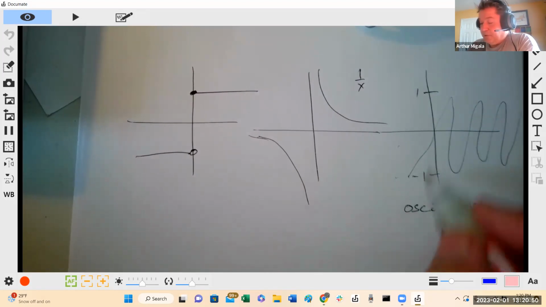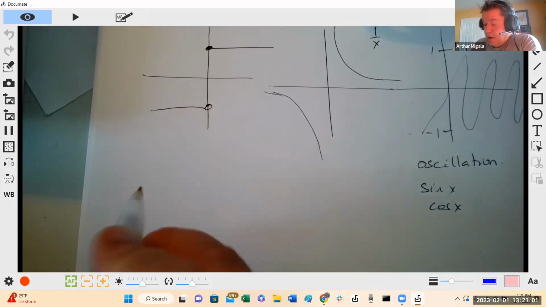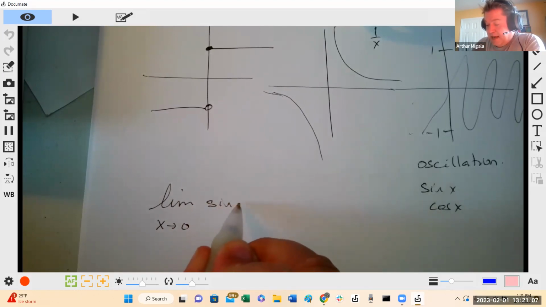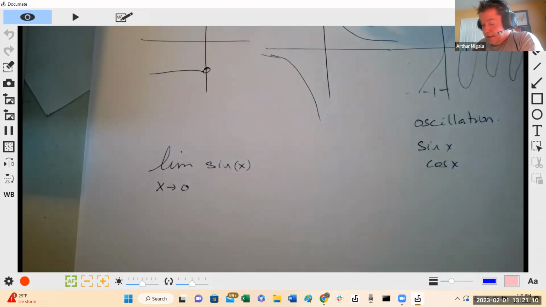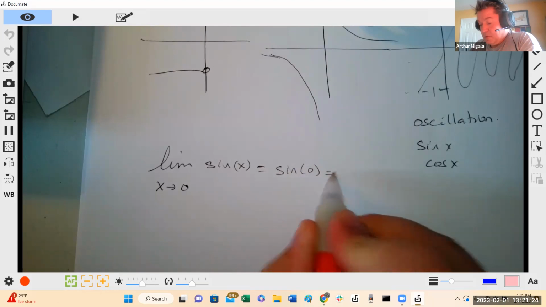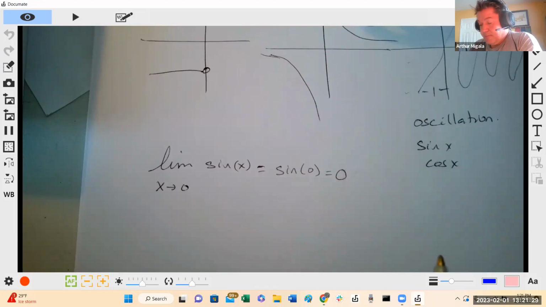And sometimes, for example, an oscillation function is like the sine and cosine. If we took the limit of x going to 0 of sine, what would that give us? What's the sine of 0? 0.